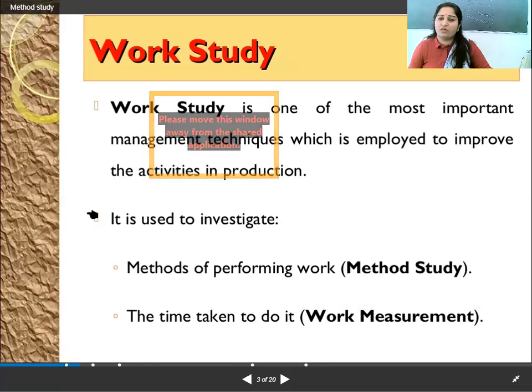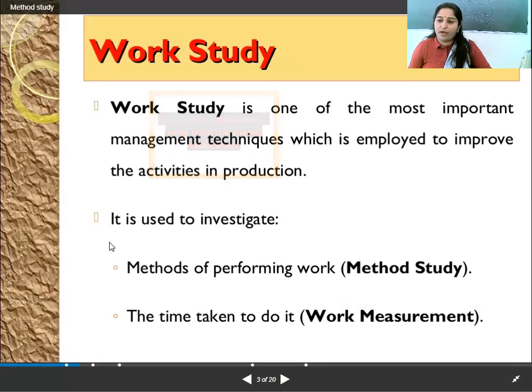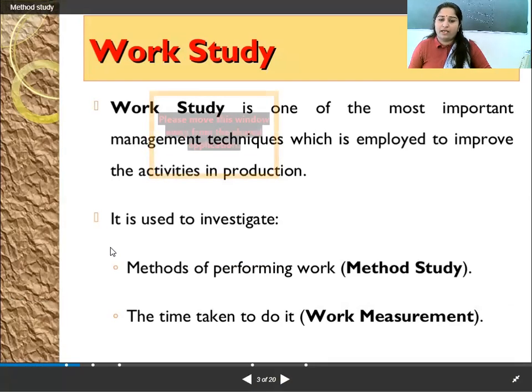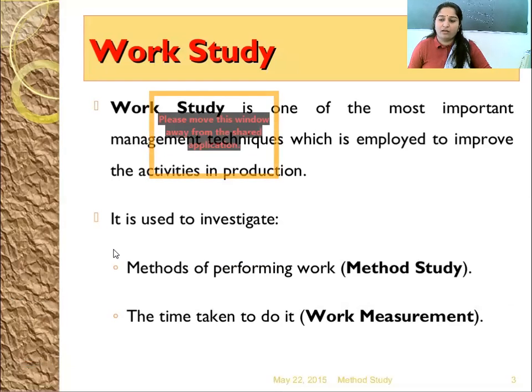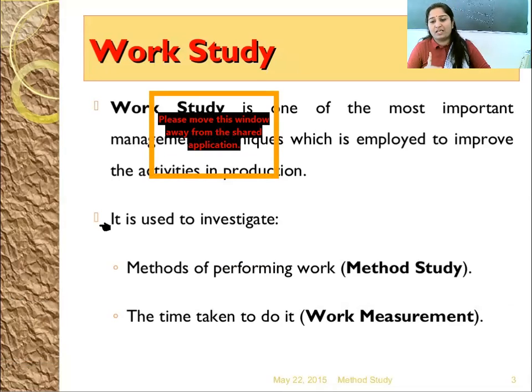Work study is one of the most important management techniques which is employed to improve the activity in production. It is used to investigate the method of performing work, meaning method study, and the time taken to do it, work measurement. Work study is nothing but the study of two things.